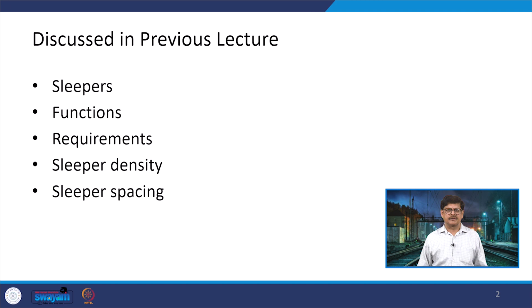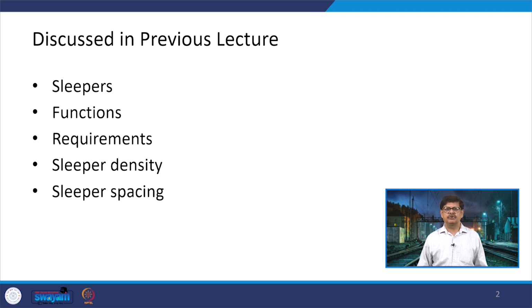In the previous lecture, we started with sleepers and discussed the various functions which the sleepers provide as a part of a track, and the requirements which the sleeper should have so that it provides adequate strength and stiffness along with the elasticity to the track.